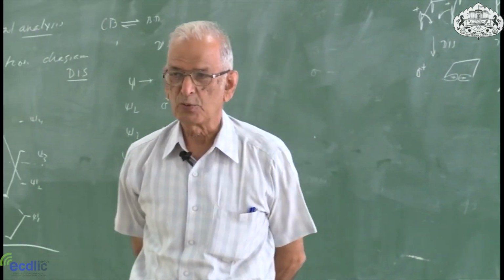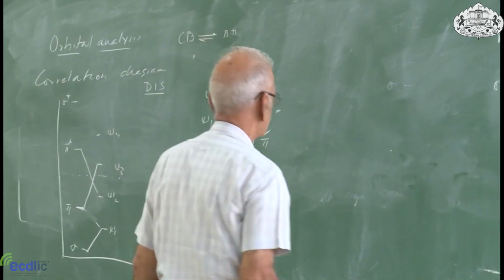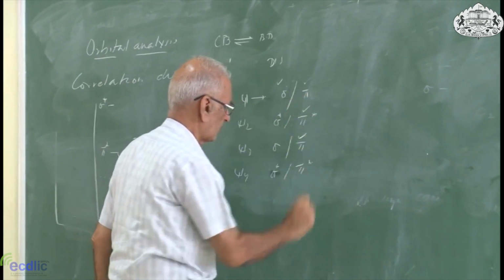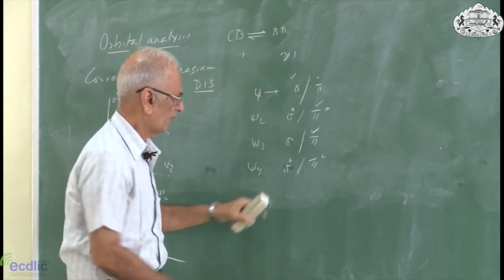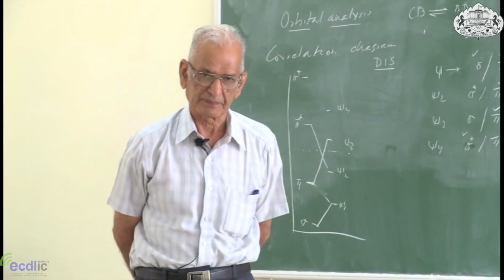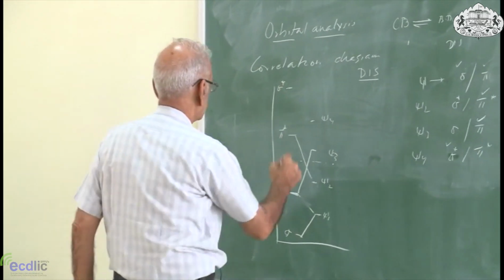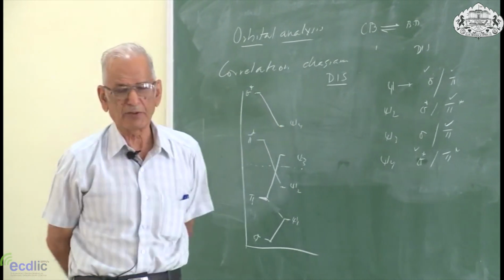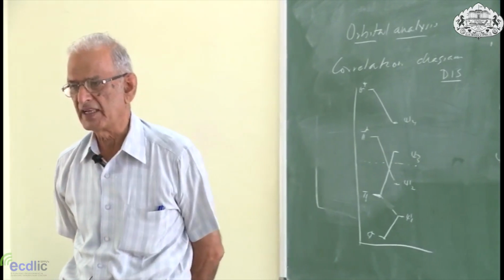Therefore, it will correlate with pi star. But pi star is already occupied. Therefore, it will correlate with sigma star. So, this is going to be your correlation diagram.